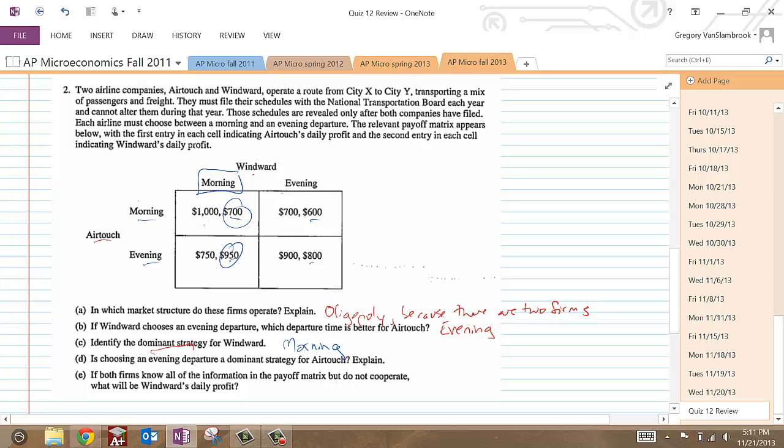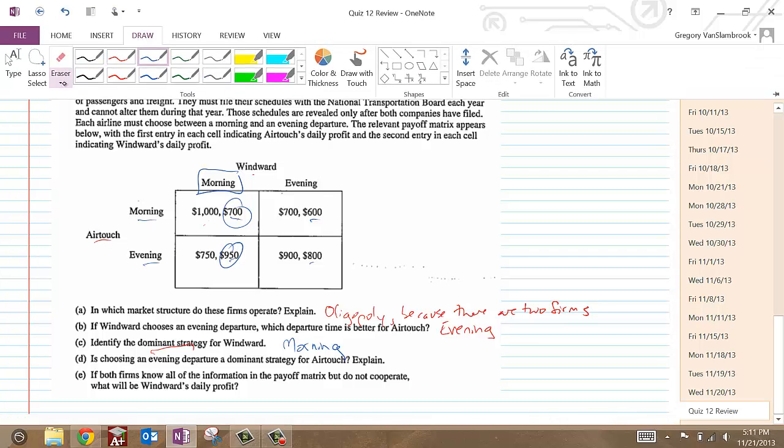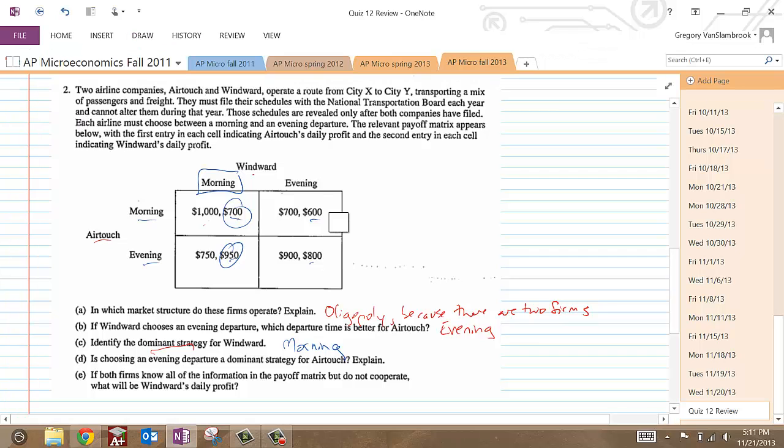D is, is choosing an evening departure a dominant strategy for AirTouch, and explain. A very similar one to this yesterday. For AirTouch, is evening a dominant strategy? Probably the best way, again, is to go in reverse and say, okay, if Windward chooses morning, then AirTouch is better off going morning, which already tells you evening is not their dominant strategy, but let's keep going.